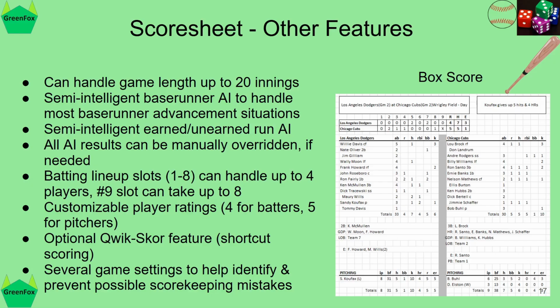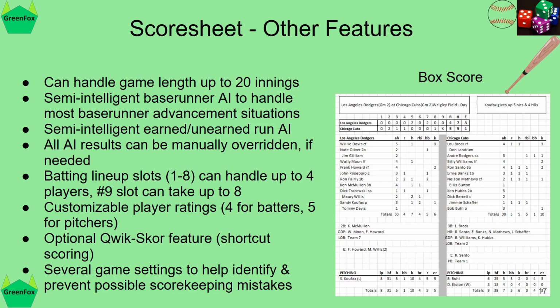They're things like, at the end of your inning, do you want it to tell you if your RBIs and runs don't match? Or every time it automatically scores a run for you using the AI base running logic, do you want it to remind you to check whether it's earned or unearned?